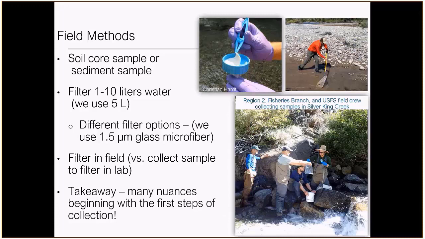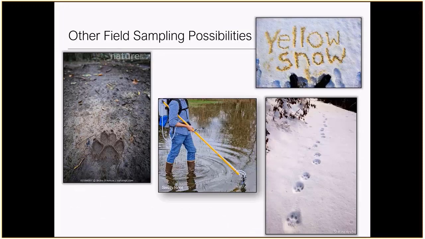There are some other field sampling possibilities as well. More recently, there have been some studies published, especially rare carnivore studies looking at tracks, either through snow or soil, and being able to actually ID the species from the track using this eDNA method.